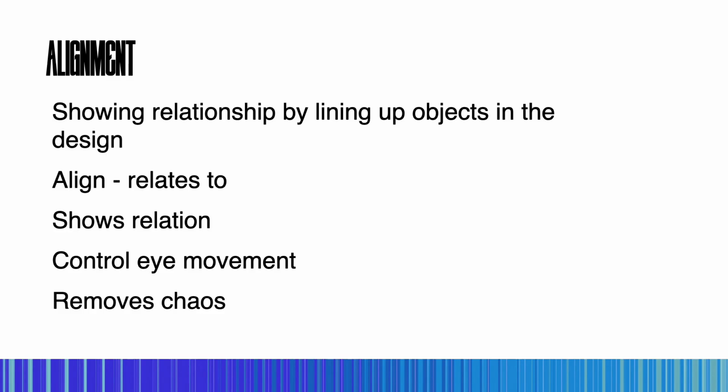It also helps you to control eye movement. We talked about movement in our last lecture. Movement is not necessarily anything that's actually moving in your design. Sometimes it might be, but movement refers to your ability to guide the viewer's eye throughout the design. But alignment also removes chaos. I think that's the most important thing that we can talk about here, is it removes chaos within the design and it makes sure that everything stays orderly.